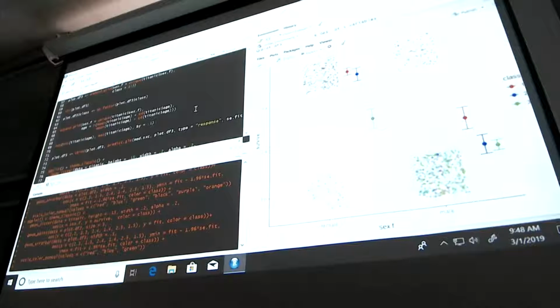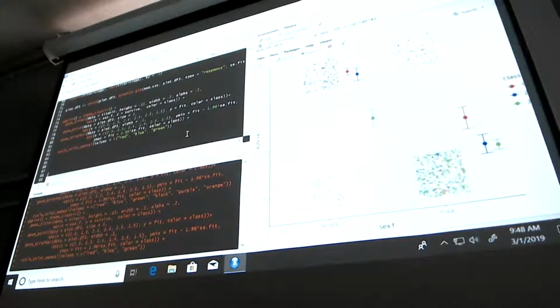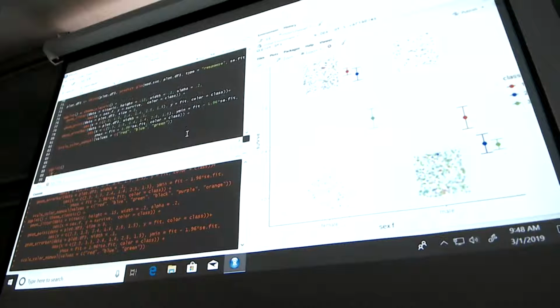Let's look at, yeah, so let's do age on the x-axis and make different predictions for each class. So again, we got ggplot, theme classic, and that's just my personal preference.